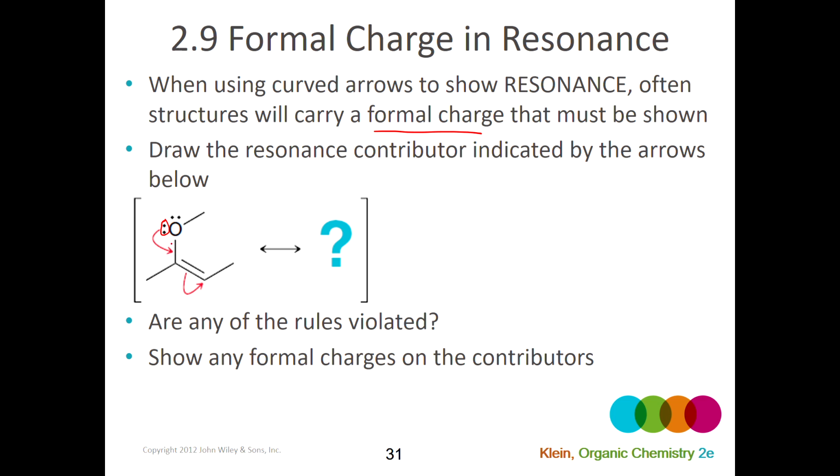The arrows are showing what's going to happen, not what's already happened. So I want to draw the second structure over here. If the arrow is showing the electrons moving in, I would put them in there. This lone pair has no arrow on it, so it's still there.